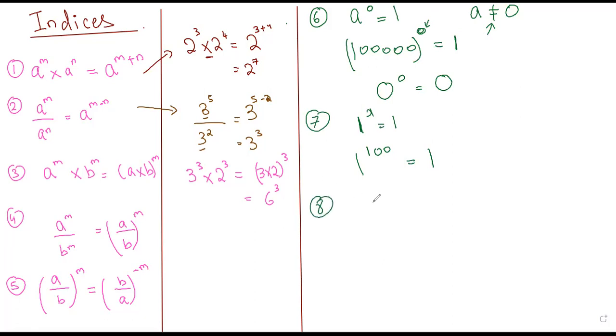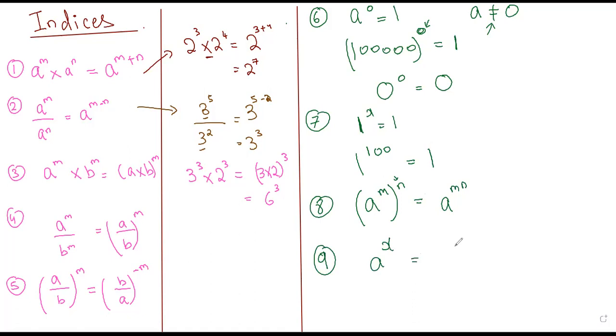Let's talk about the next rule. So we have a to the m whole power n. So the outside power would be multiplied with the inside power, and that will give us a to the mn. Let's talk about the ninth rule. Let's say you have a to the power x.